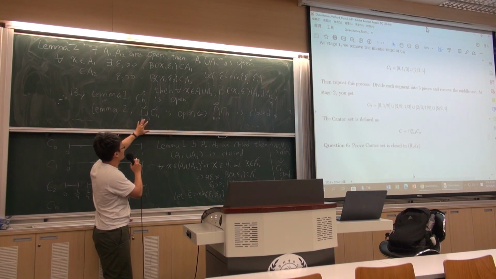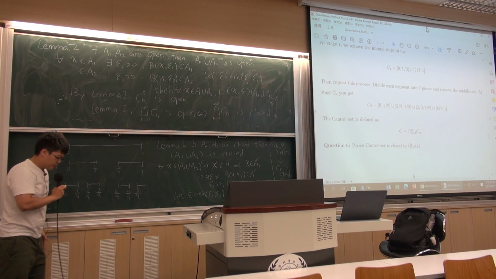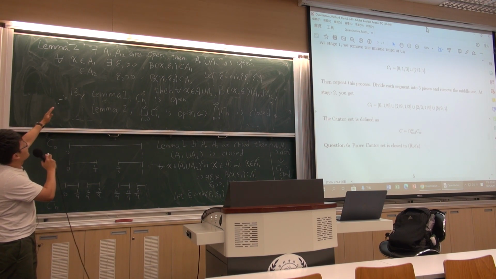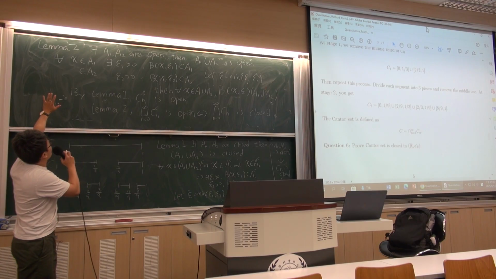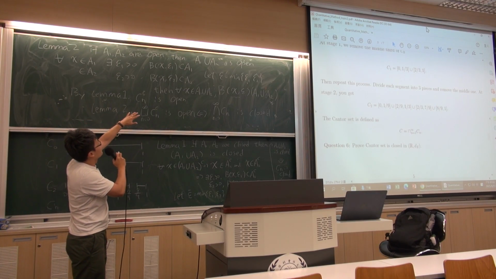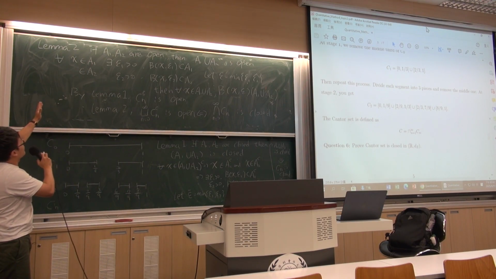Now we are going to show that the union of several open sets is also open. It's actually quite similar. We prove it in another lemma, lemma 2. If A1 and A2 are open, then the union is open. So this is how I did it.